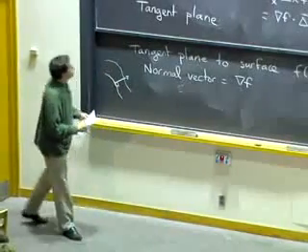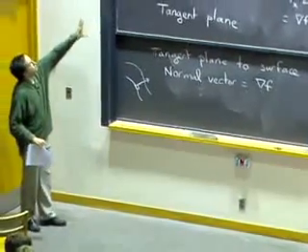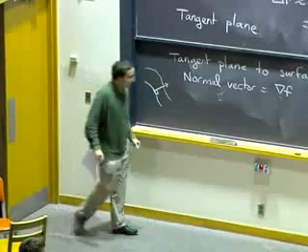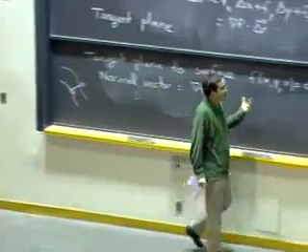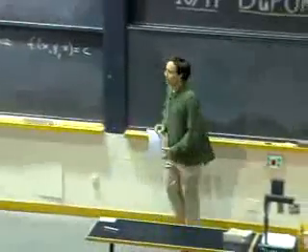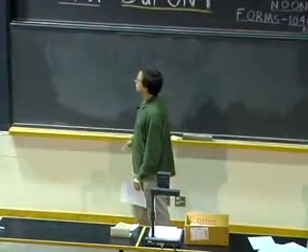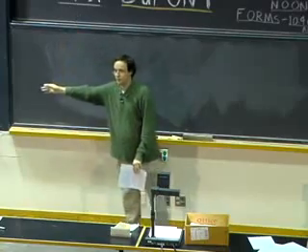Okay. So let me add a cultural note to what we've seen so far about partial derivatives and how to use them, which is maybe something I should have mentioned a couple of weeks ago. Why do we like partial derivatives? Well, one obvious reason is we can do all these things.